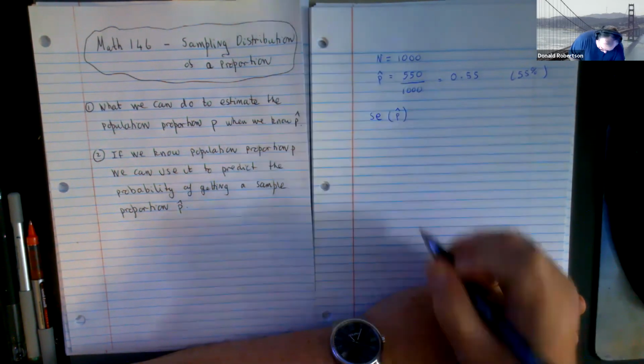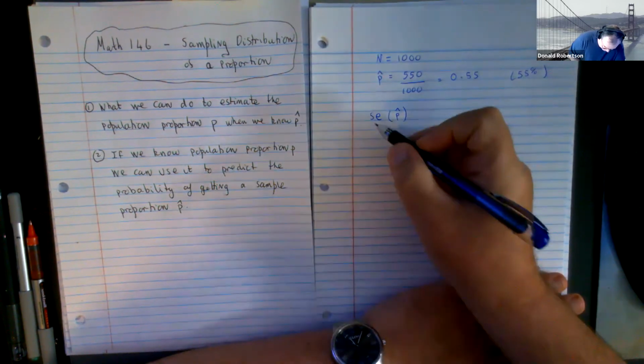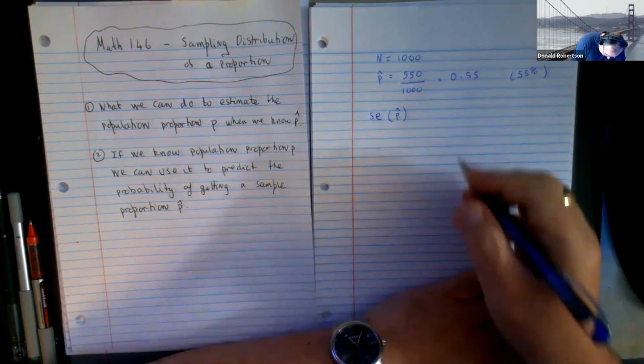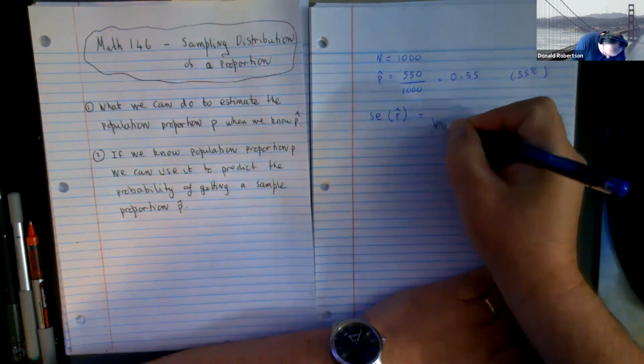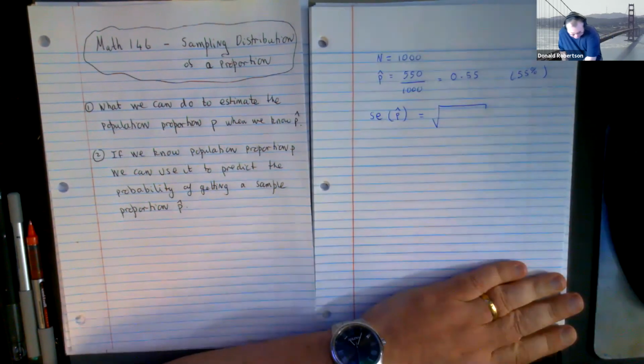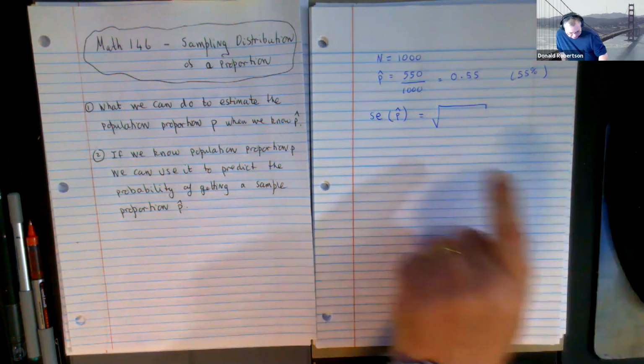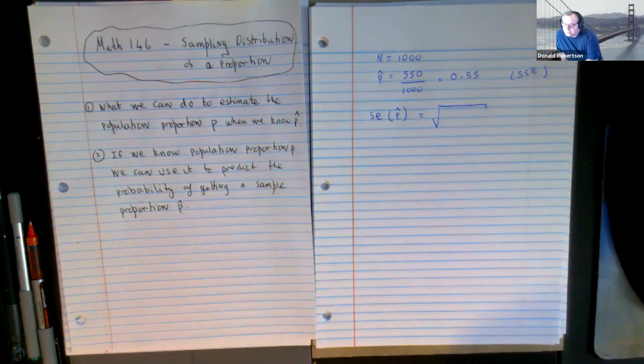So we calculate this guy, the standard error of the sampling distribution, SE of p hat as it's called. And it's a formula that looks something like this. Anybody remember what goes inside the formula for the standard error of p hat?